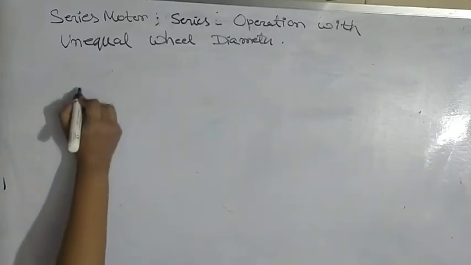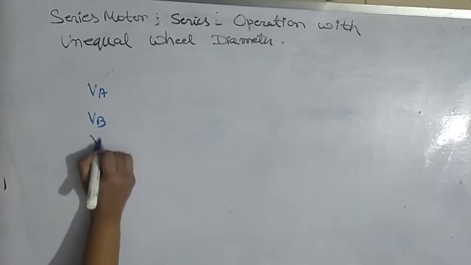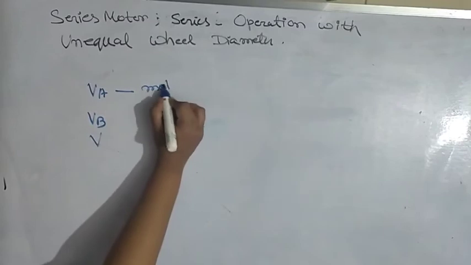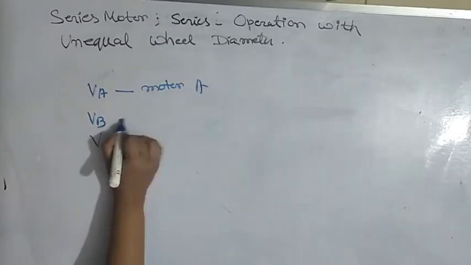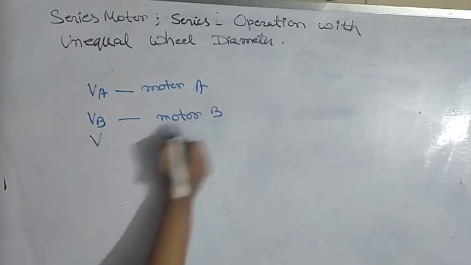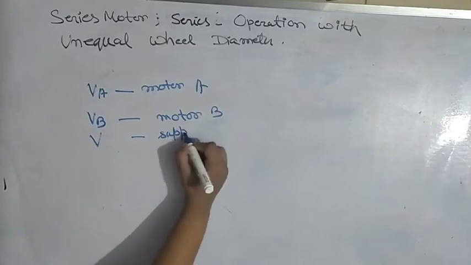Suppose VA, VB are the voltage drops across motor A, motor B, and V is the supply voltage.